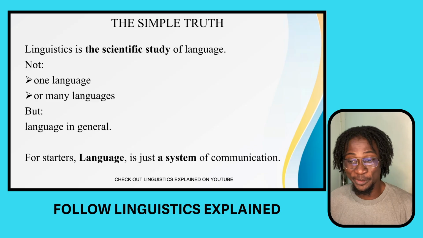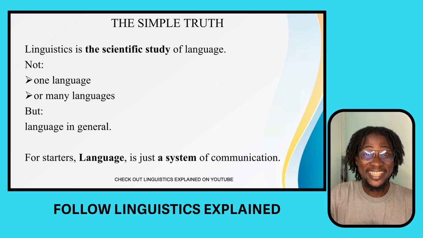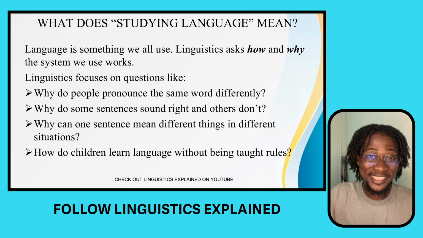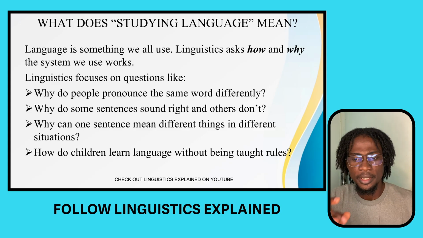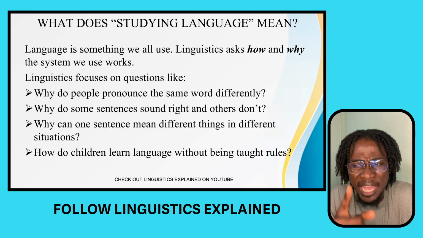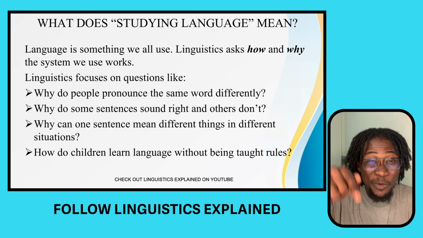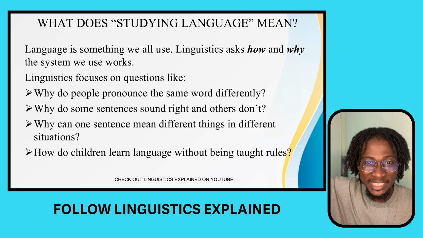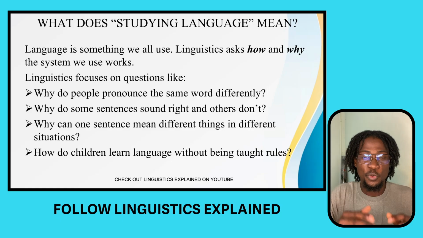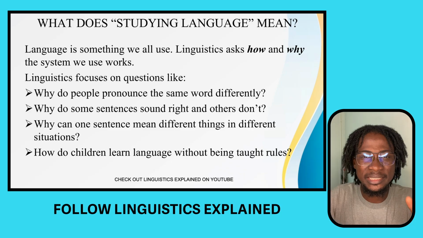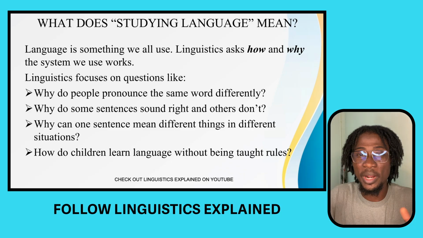Language is something we all use. English uses language, French uses language. The study of French, English, Chinese, German, they all use language. But linguistics is interested in how and why the language system that these language studies are using works. We are interested in how these things are working. How does it work?